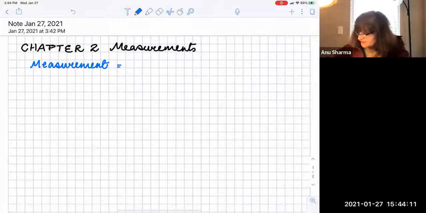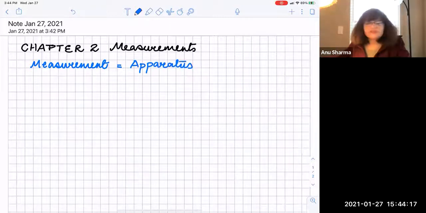One thing that tells me is that whenever you're doing measurements, you are using some kind of measuring device, right? Some kind of apparatus. That could be something as simple as a measuring tape, or a clock, or a stopwatch, or a thermometer. You're measuring the temperature, right?